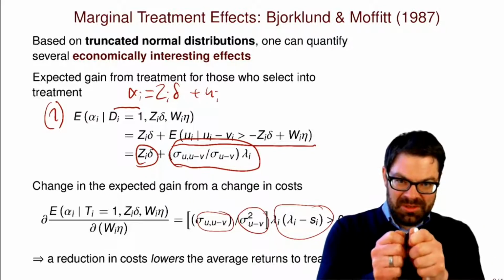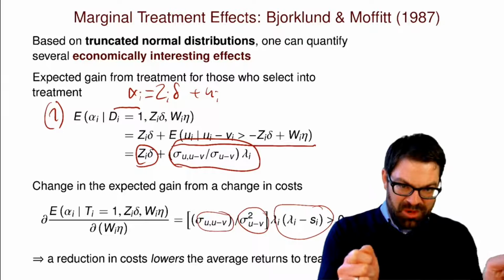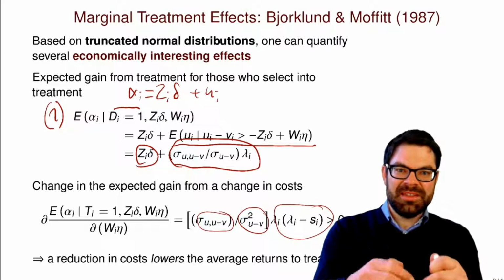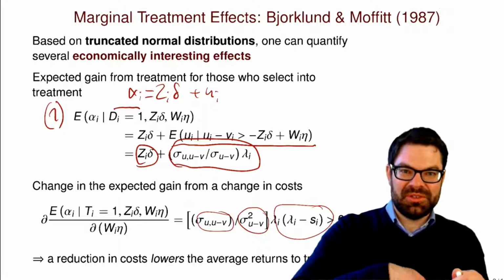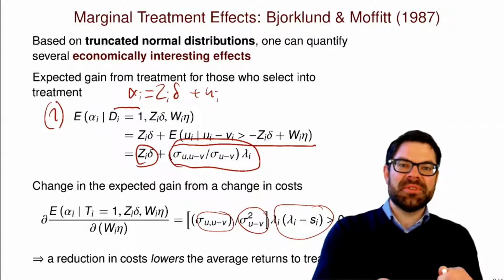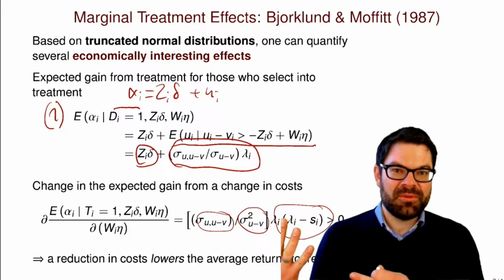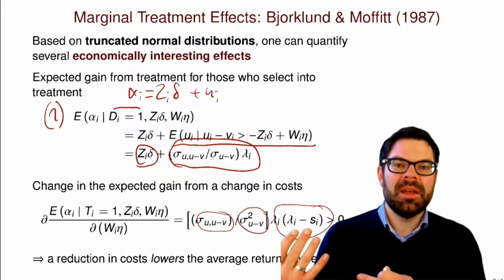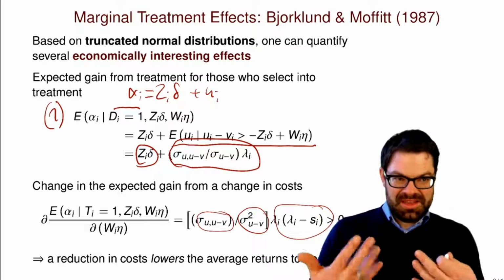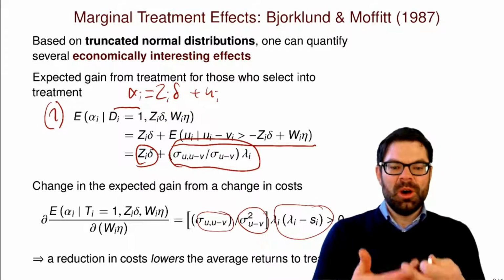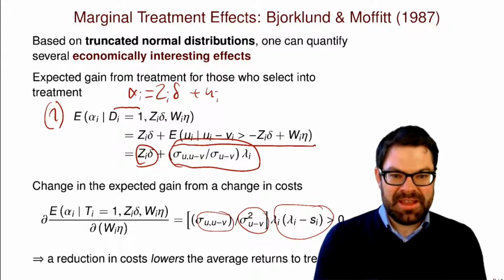And so given that we change things at the margin with our policy, the behavioral change happens among those people with lower gains than the previous average. And that's one of the insights from marginal treatment effects that we will encounter over and over and over again.